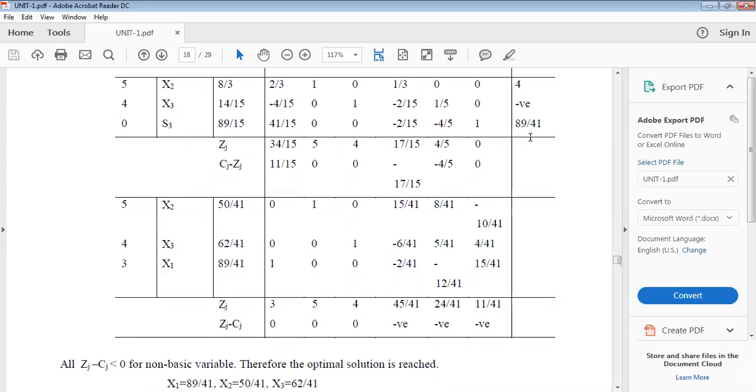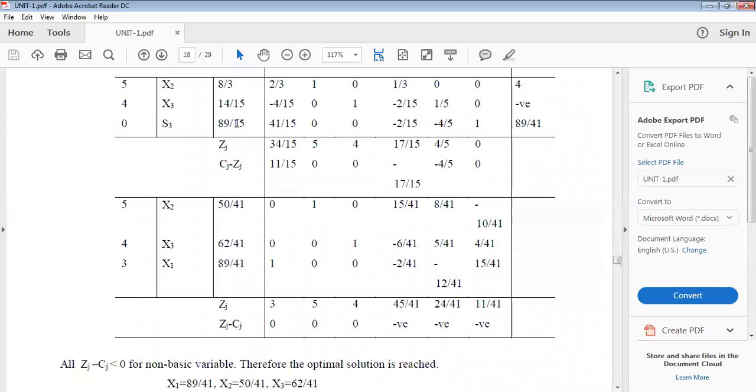Among all these, what is the least ratio? 89 by 41 comes to about 2 something, whereas the other is 4. The negative one is not considered, and this is about 2. So here you mark a horizontal arrow.